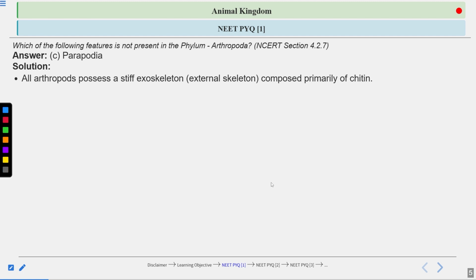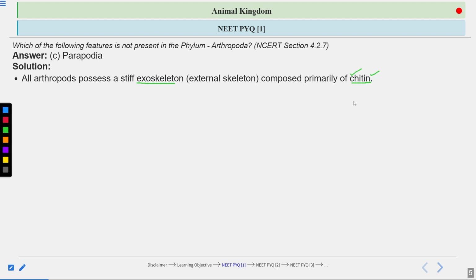All arthropods possess a stiff exoskeleton, an external skeleton composed primarily of chitin. So they have the exoskeleton, and it is made up of the polysaccharide called chitin.